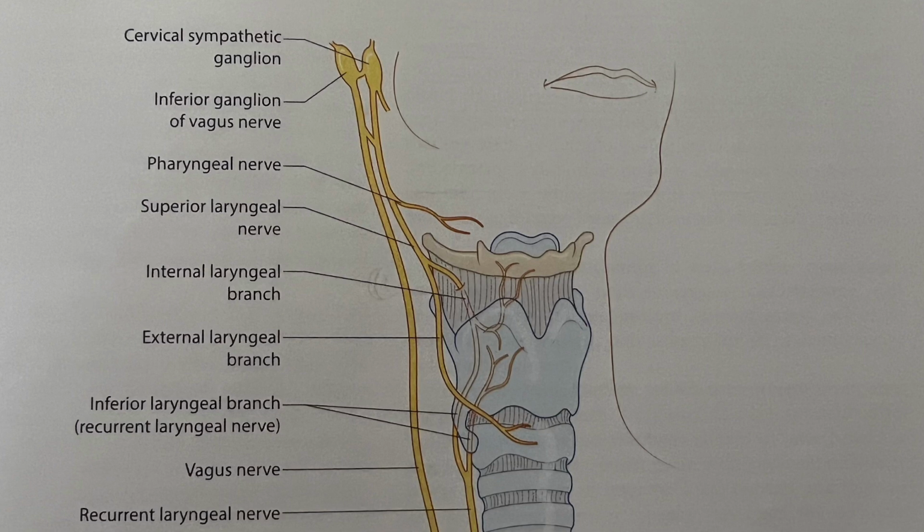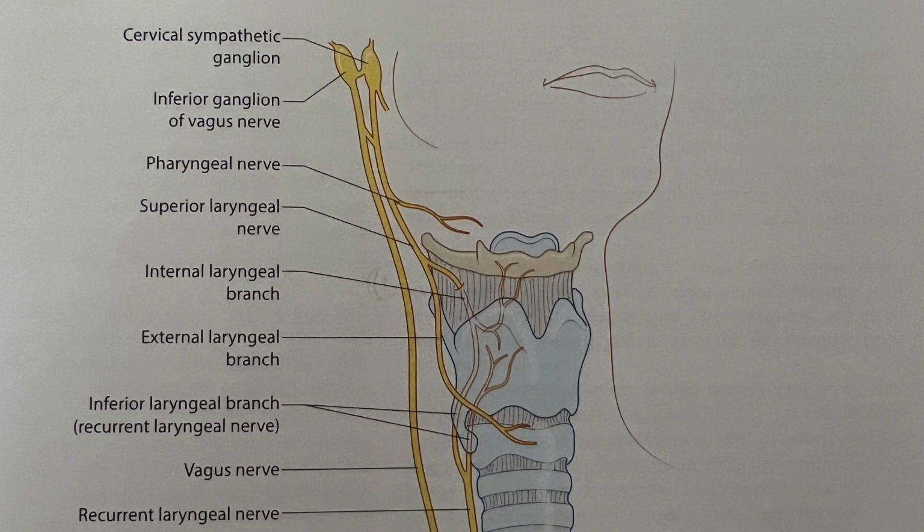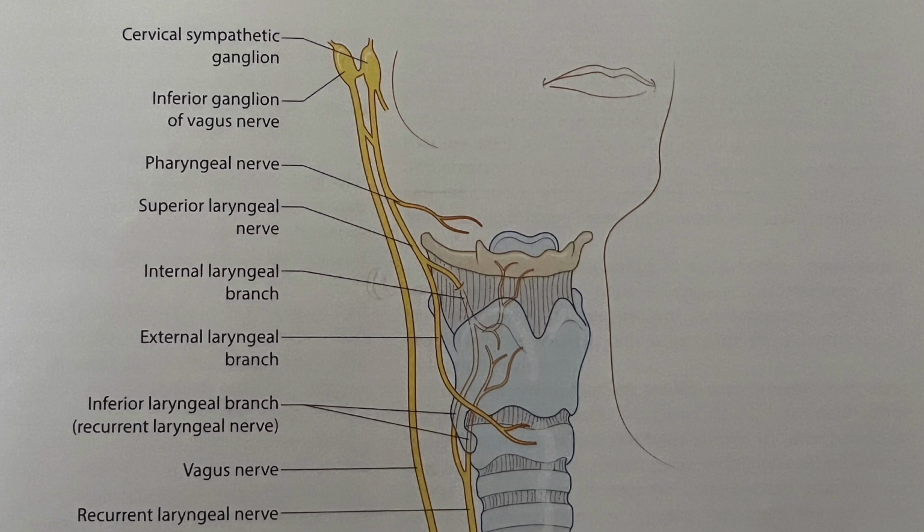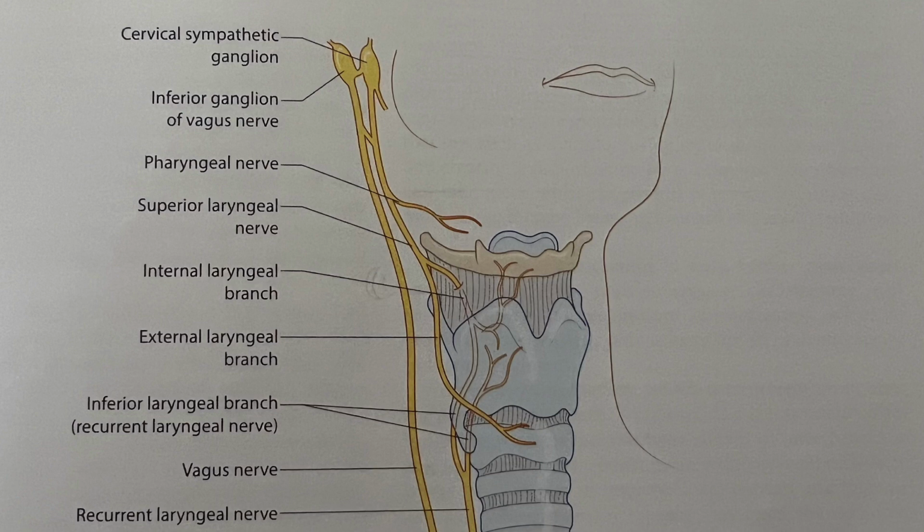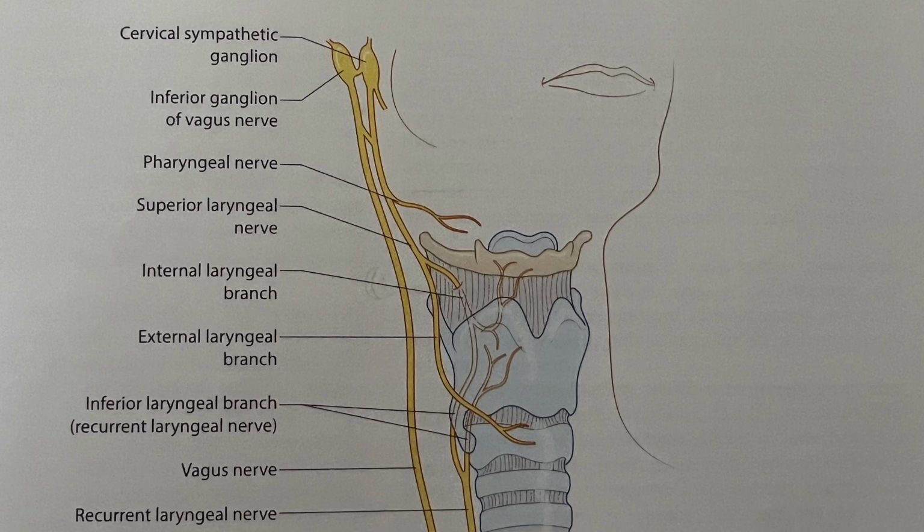The internal branch of the superior laryngeal nerve is intimately associated with the superior laryngeal artery, and this is an important consideration during oncological surgery. This nerve generally splits into 2 branches, one which supplies the mucosa above the ventricle and one which supplies the mucosa below the ventricle.